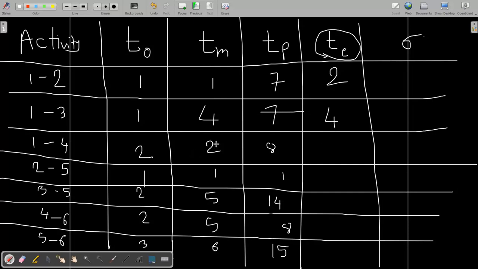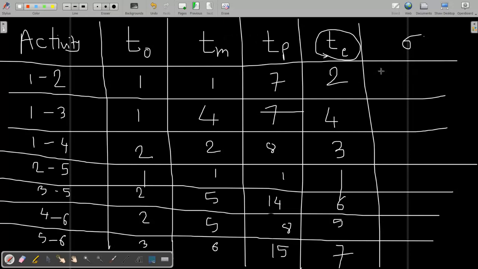Similarly, 4 twos are 8, plus 2 is 10, plus 8 is 18, divided by 6 is 3. Similarly you can write the rest. Hope you know how to write this.